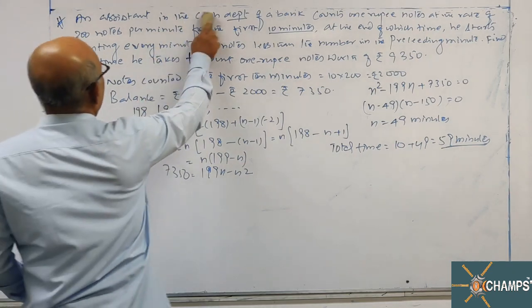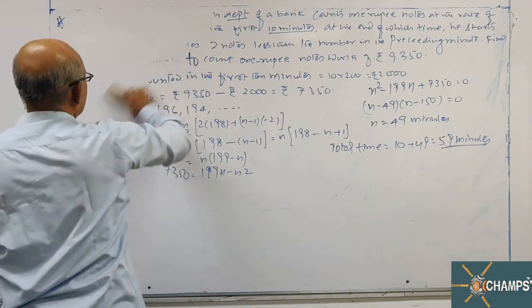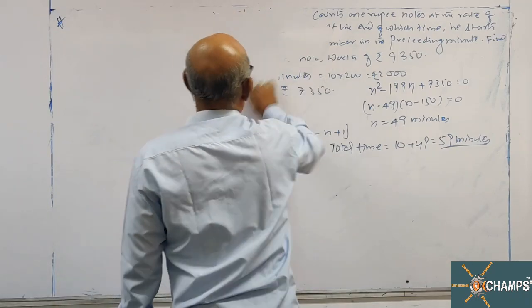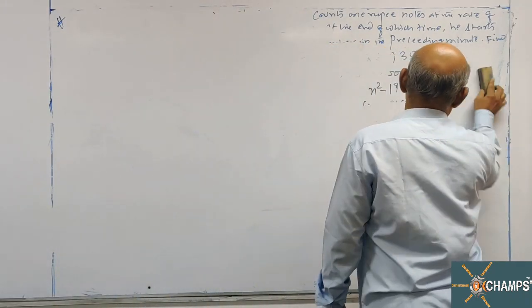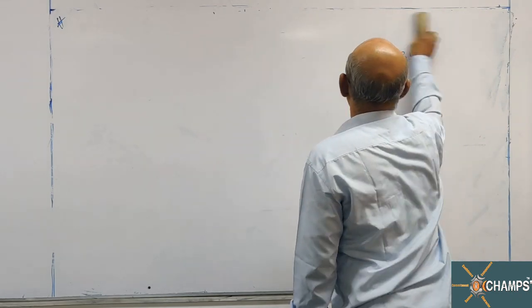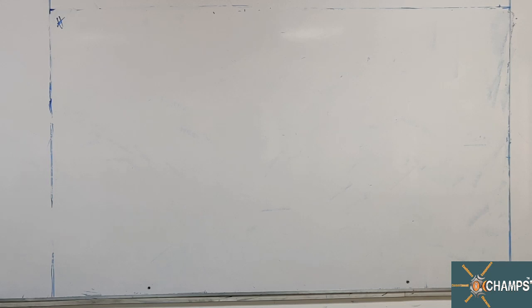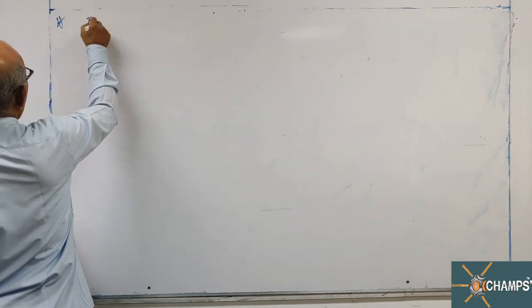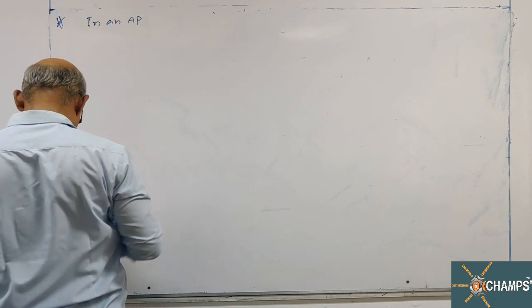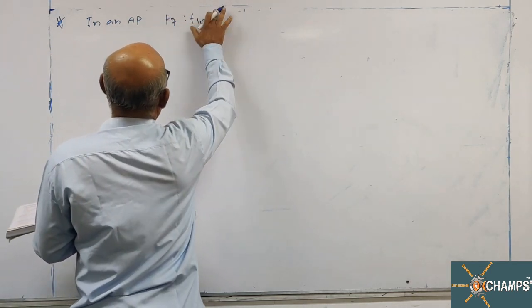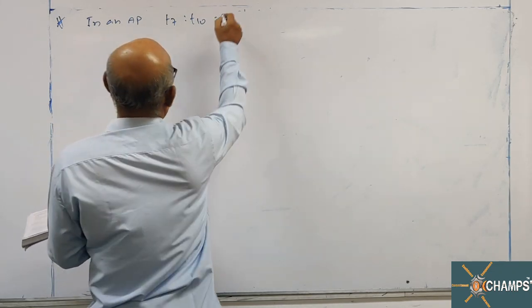Okay, let's see the next question. In an arithmetic progression, T7 is to T10 is equal to 5 is to 7.